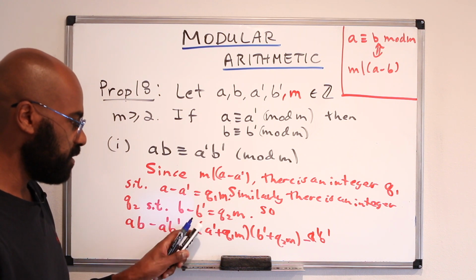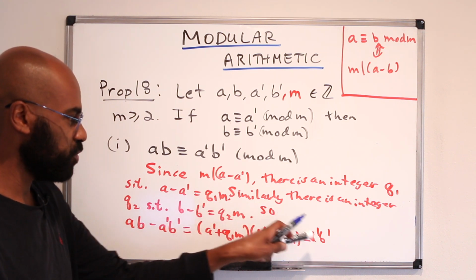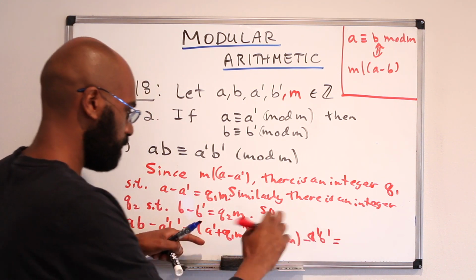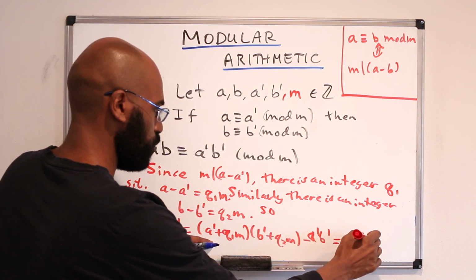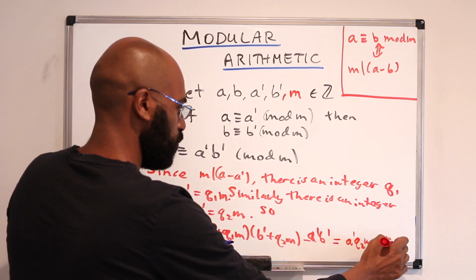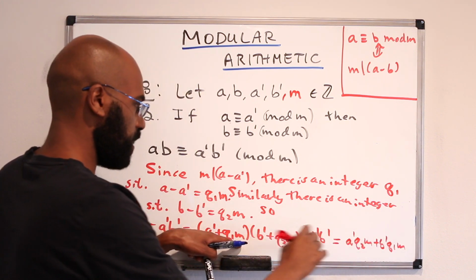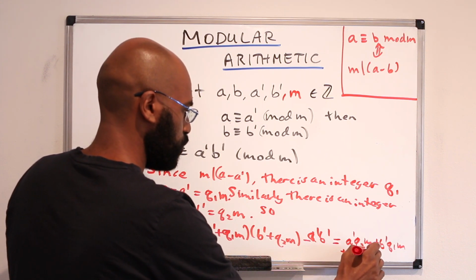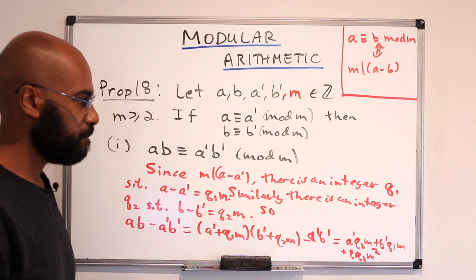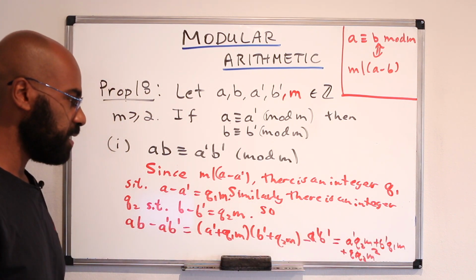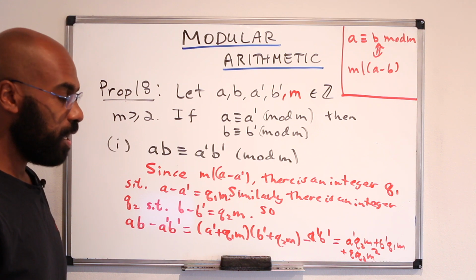And now we see the first factor here is A prime B prime, which cancels with this thing. And so we're going to be left with A prime Q2M plus B prime Q1M plus Q1 Q2 M squared.